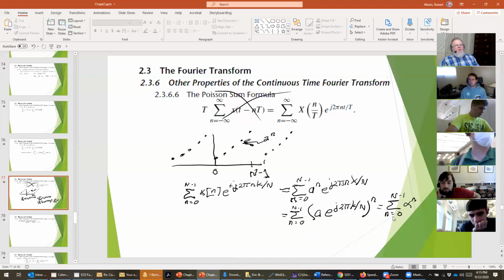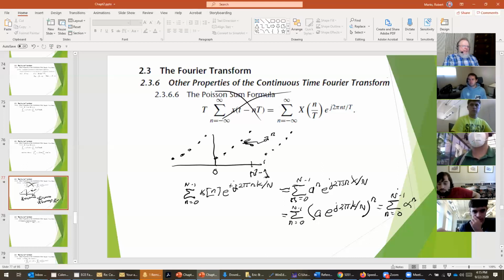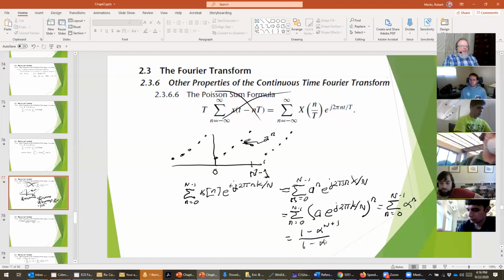Only when n goes to infinity do we require the magnitude of alpha to be less than 1. But here, whatever it is, the value is correct. And I think it's n plus 1 over 1 minus alpha, right?